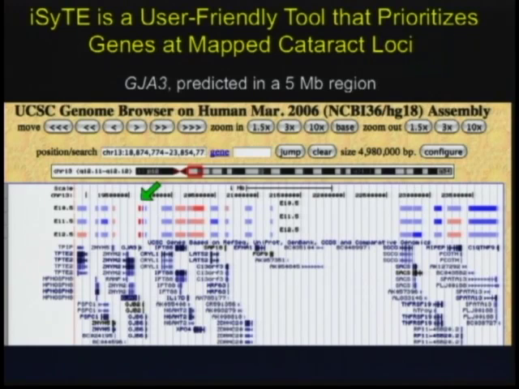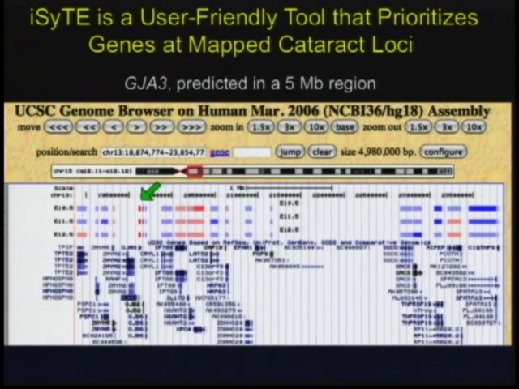So this is an actual gene, GJA3 or connexin 46, which was predicted in a 5 MB region from an interval mapped for pediatric cataracts. One can see that these bright red iSyTE tracks delineate and recognize GJA3.